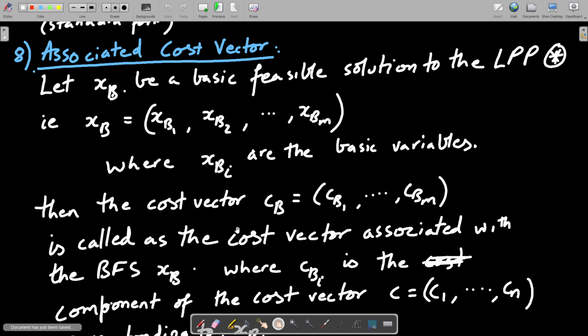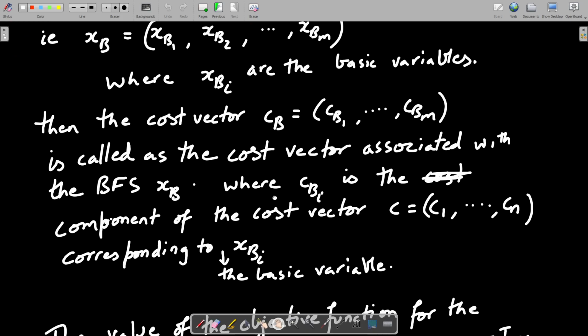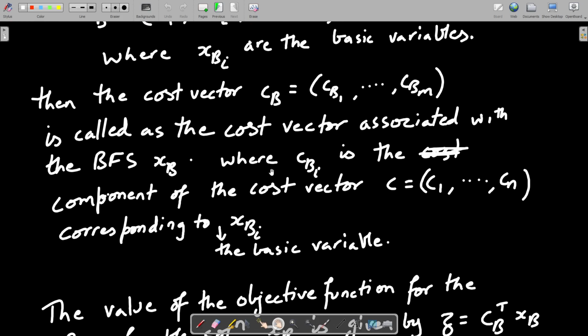The cost vector CB = (CB1 up till CBm) is called the cost vector associated with the basic feasible solution XB, where CBi is the component of the cost vector C1, C2, C3 up till Cn.